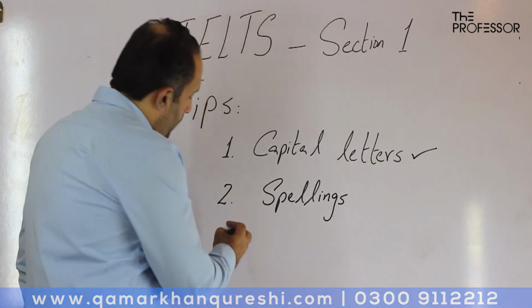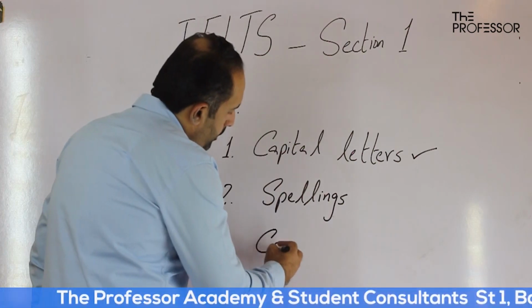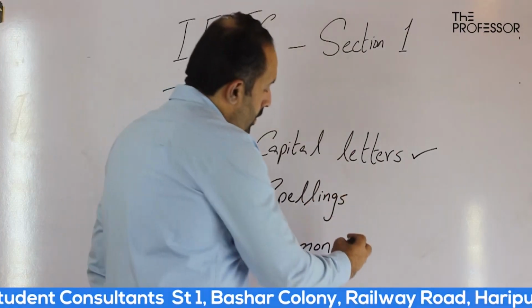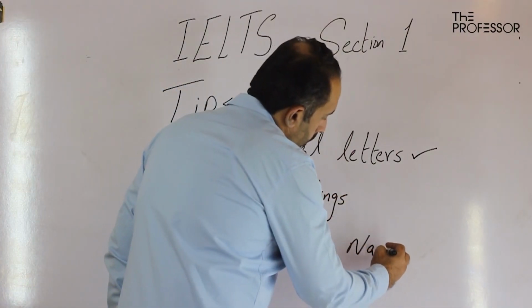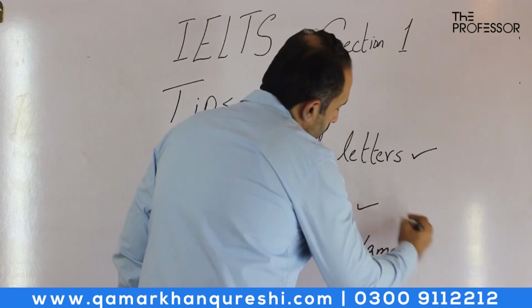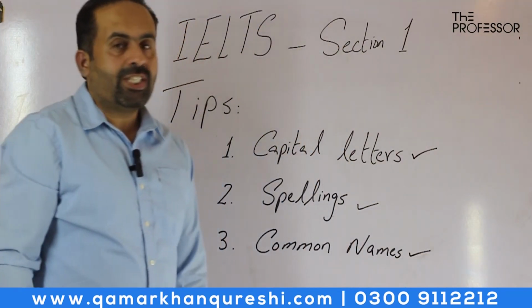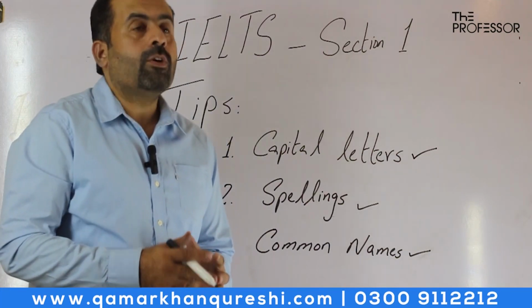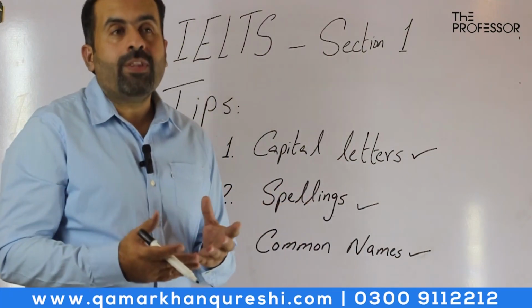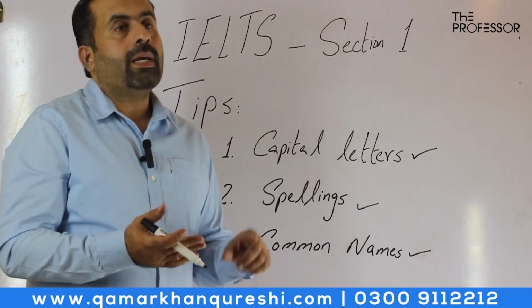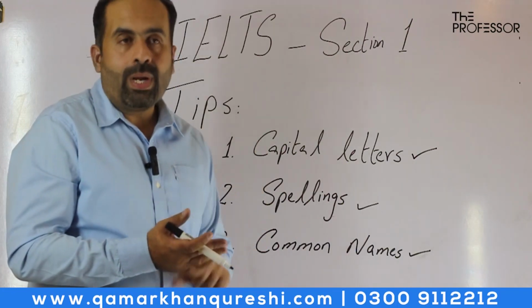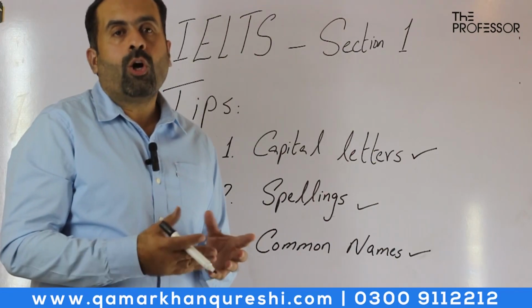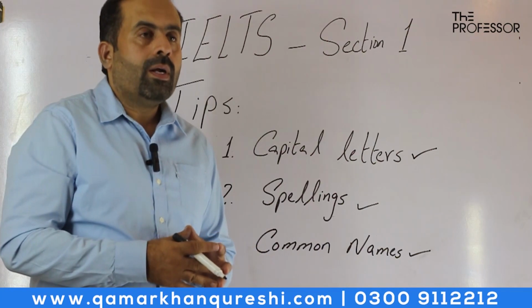Number three is common names. You are going to get a lot of names in your writing, in your listening, in your reading, so you need to practice them. You need to know what are the common names that can come into your test.